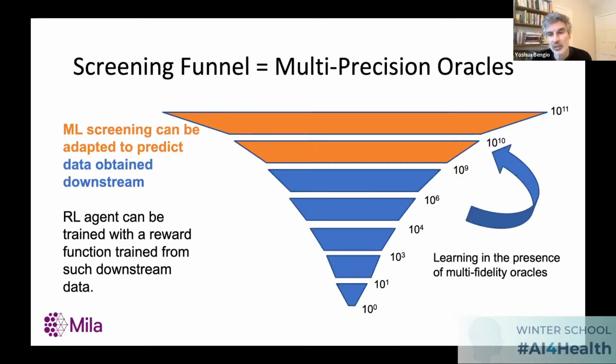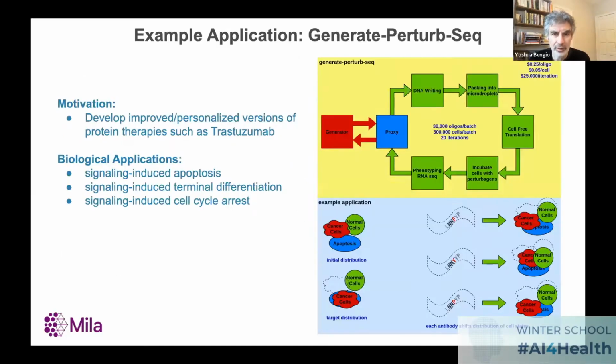For example, we could imagine learning from all of the stages that follow, even though it's small amounts of data downstream; it's still data. So we shouldn't be just using the next stage, like the in vitro cell level experiments. If we have even small amounts of richer, more precise data, we should use it. This is called multi-fidelity oracles in the jargon of machine learning.